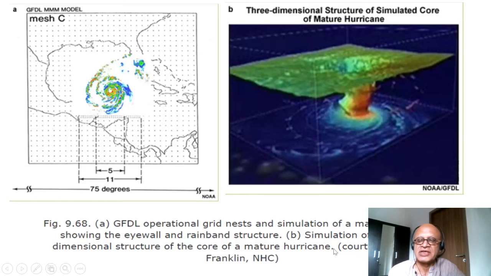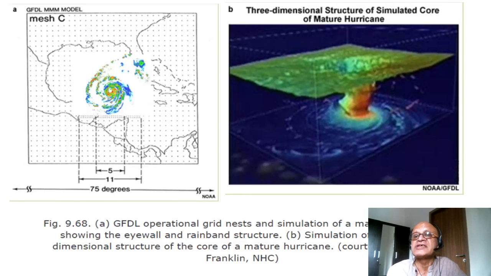All kinds of simulation and feeding of data from satellites and buoys and sondes and so on happens as well. Simulation of the three-dimensional structure of the core of a mature hurricane is shown here, and you can see how beautifully it is rendered.